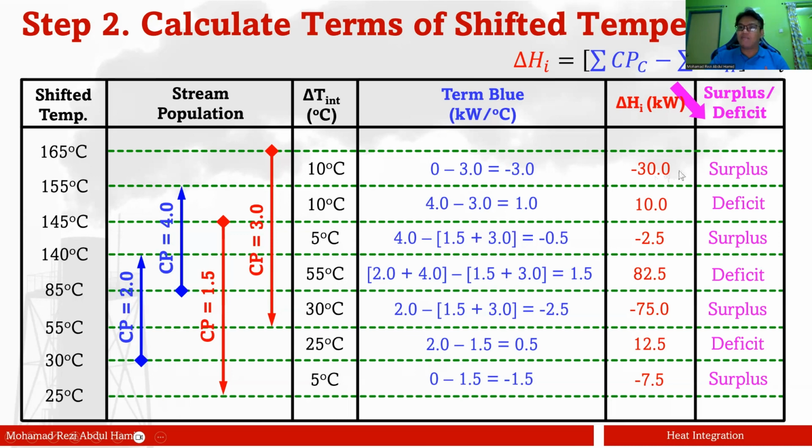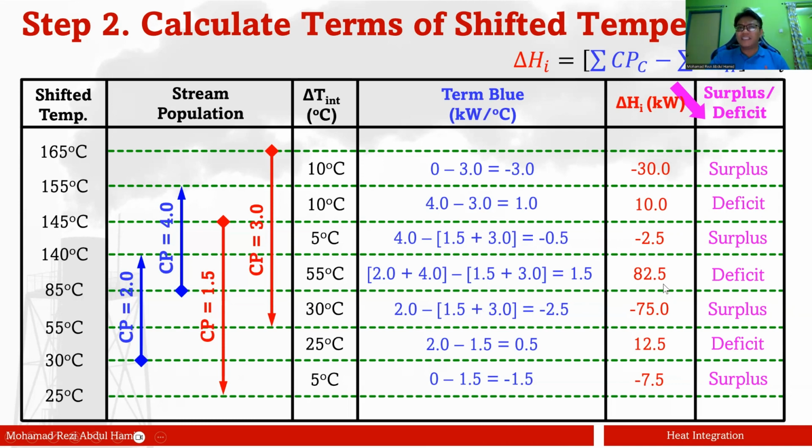So negative 30 is surplus, negative 2.5 is also surplus, negative 75 is also a surplus, and negative 7.5 is also a surplus. Don't ask me why they decided that way. I don't really care, but that's their designation. Does it really help in calculating the pinch, hot utility and cold utility? Not really, because what I care about is just the number here, not the designation. And of course, for the positive enthalpy, you assign them as a deficit.